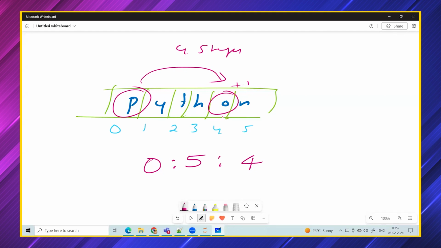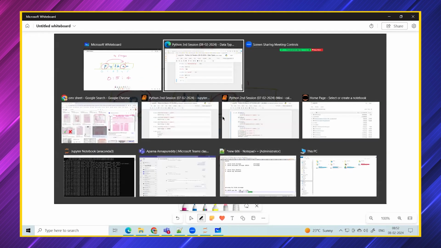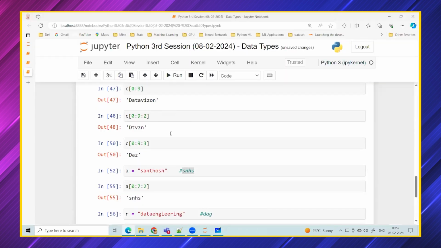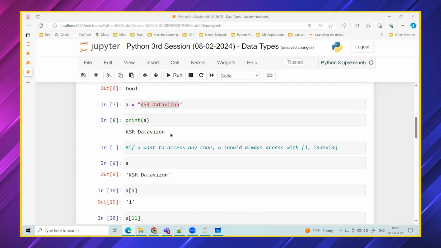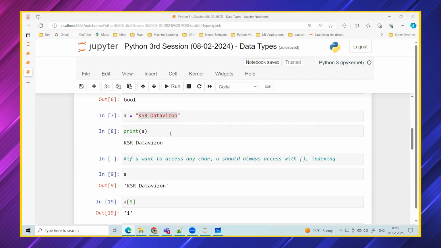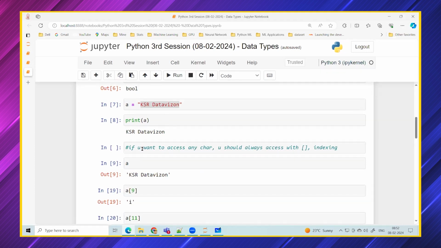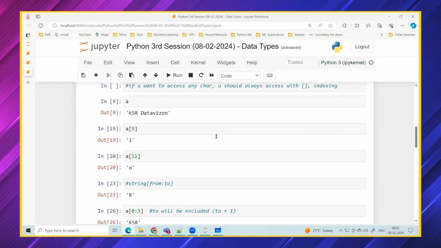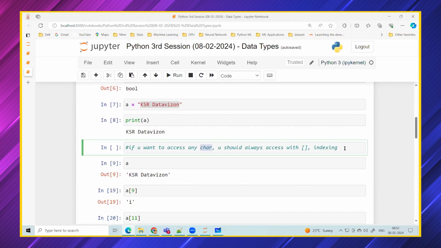Is this clear? Yes, sir. Okay, now finally we are done with indexing. There are a few things which you need to remember. If you want to access any character, you should always access with this. This is called indexing.